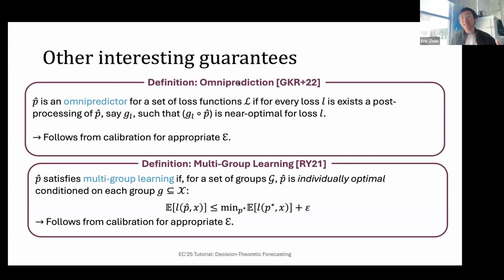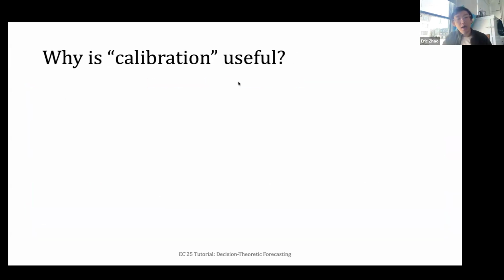Because of that, you can show it is not that much more expensive in the worst case than ordinary PAC learning. These are all the same downstream decision making flavor, where you want to give guarantees and you don't really know what your downstream application is, whether that's not knowing what the downstream utility function of agents are, or not knowing what your loss is, or not knowing what subset of the domain you're interested in. This is where calibration starts to become a really powerful language.